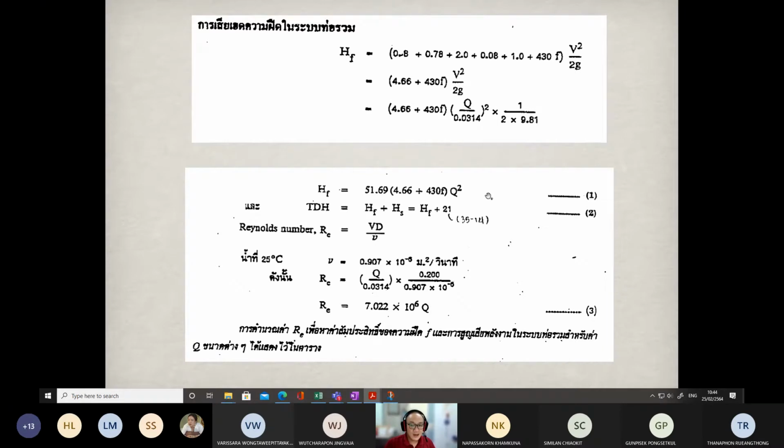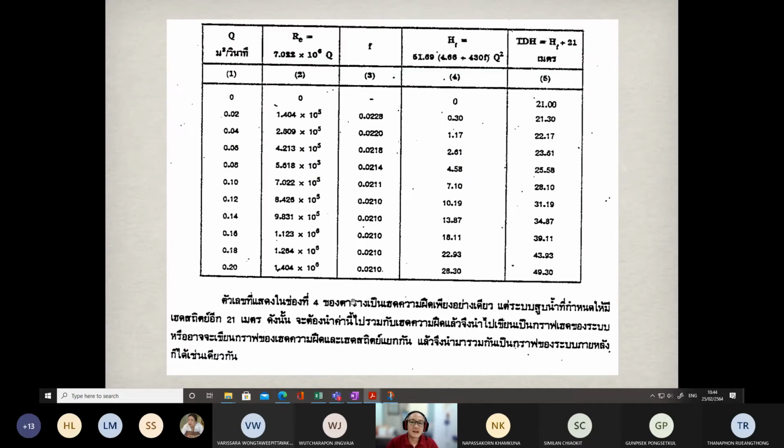Okay, so this one is the combination of the major and minor losses. And if we combine it with the 21, which is the static head, then determine the Reynolds number. Finally, we get the flow rate, which we have to assume.